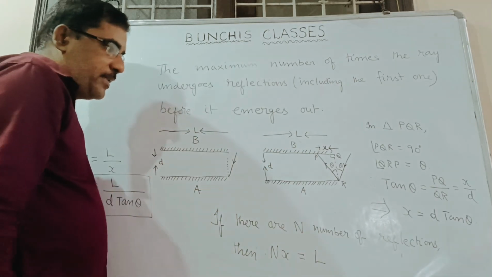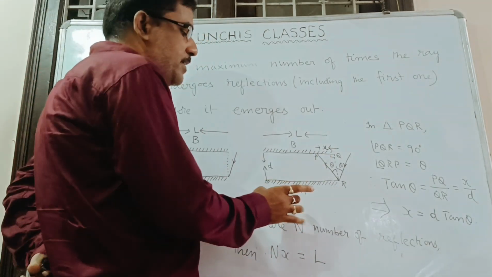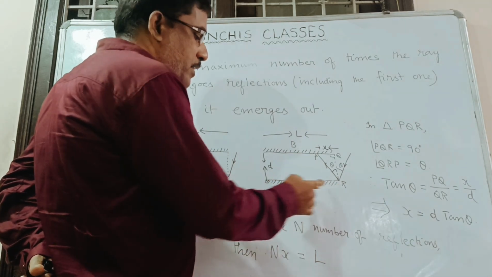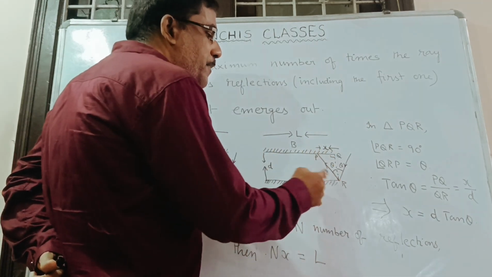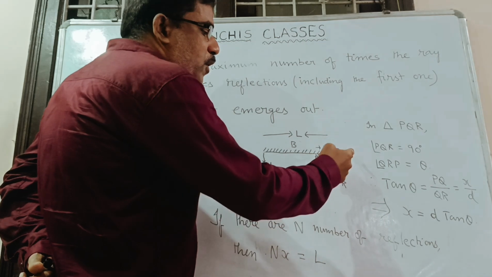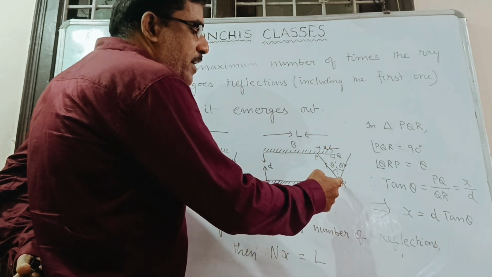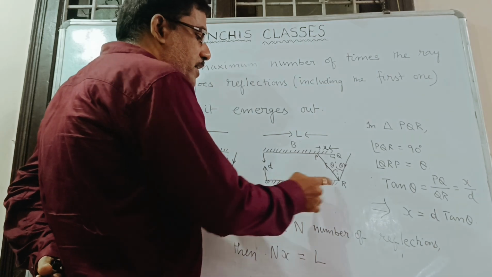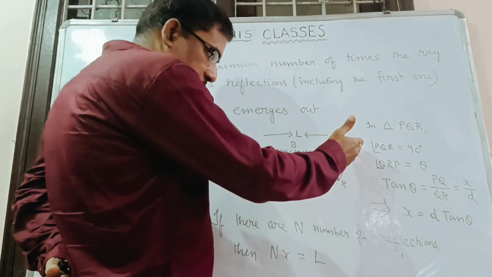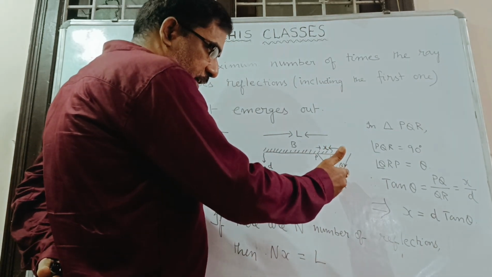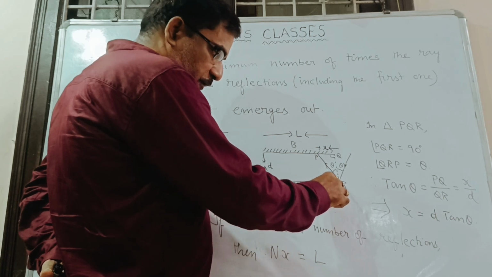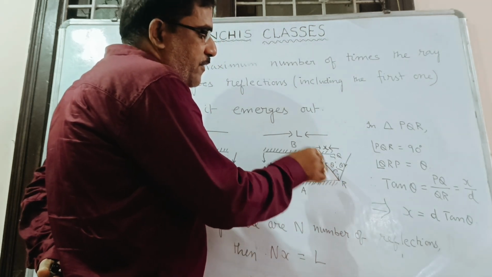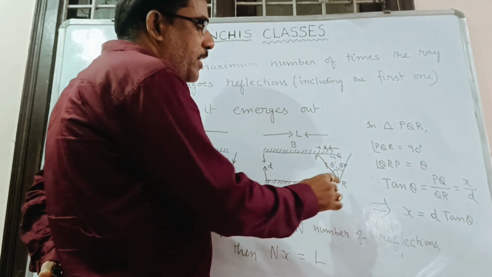To understand this, come here. Let us see the same figure. Mirror A, mirror B. Incident ray has fallen at one of the edge points of the first mirror A. Then this incident ray, due to the reflection, is reflected in this way.